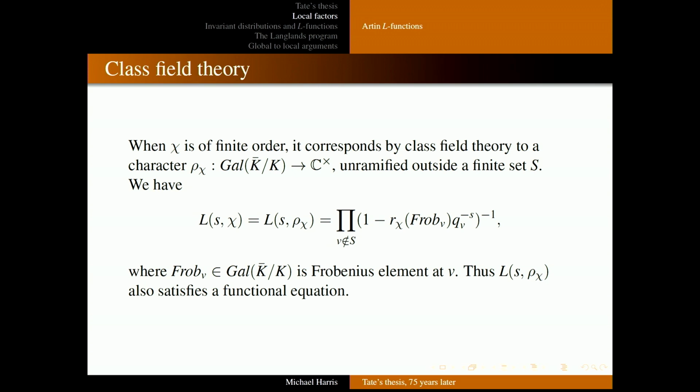So you take the product over the unramified places of the image of Frobenius, and that gives you the same thing, and it is the same thing, that's what class field theory tells you. It's the same as the L(s, chi) that was written as an adelic integral. And so L(s, rho chi) also satisfies the functional equation. Why does it satisfy it?